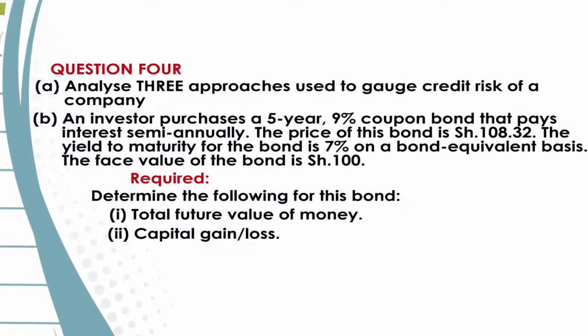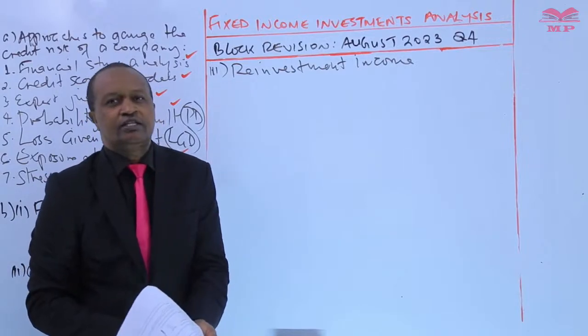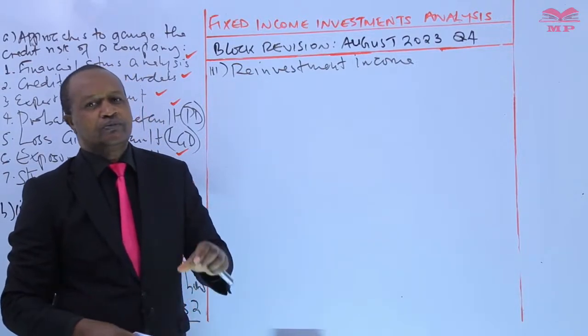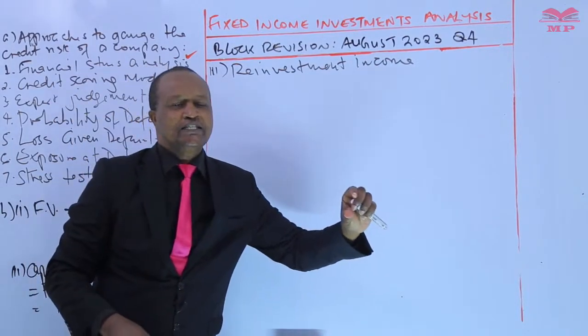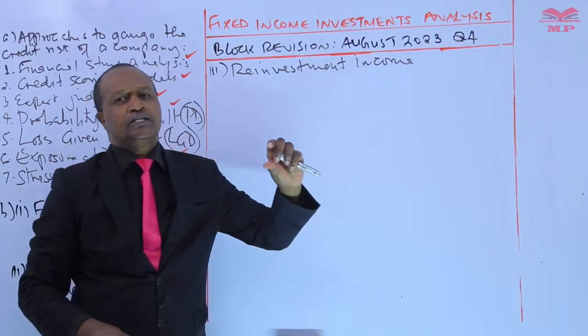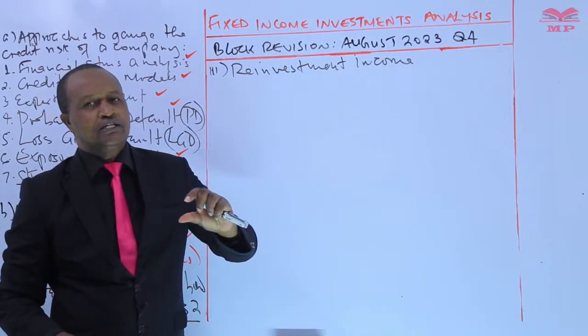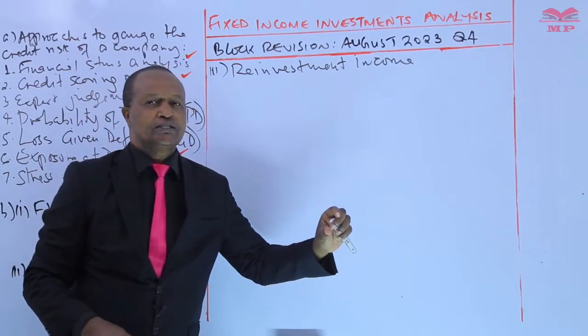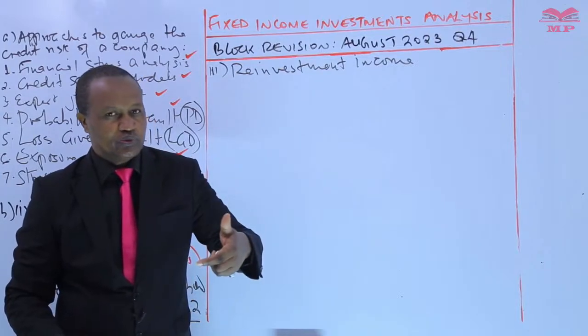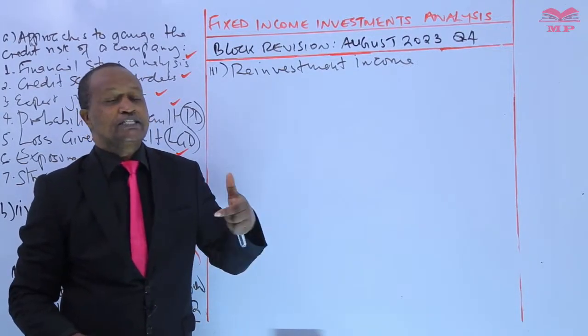Then number 3, reinvestment income. We are going to calculate the reinvestment income here. Now, what do we mean by reinvestment income? Reinvestment income is the interest earned from reinvesting the interim cash flows and the principal payments prior to the final or the stated maturity.